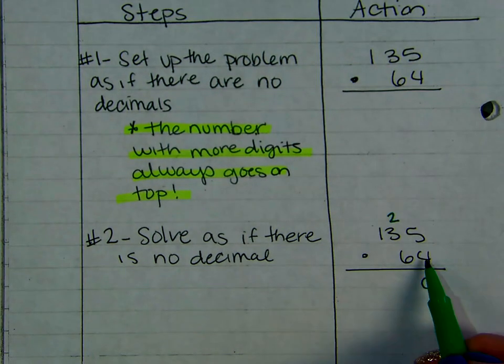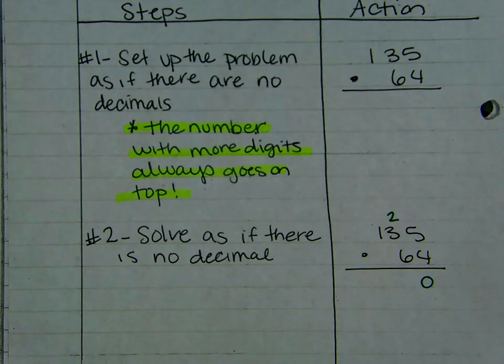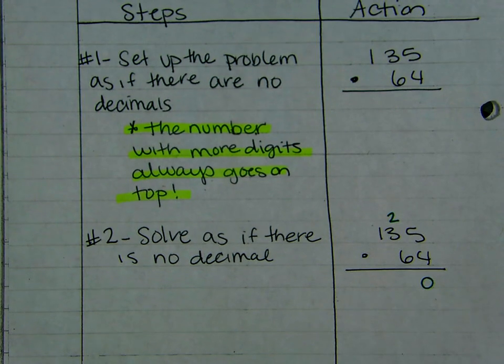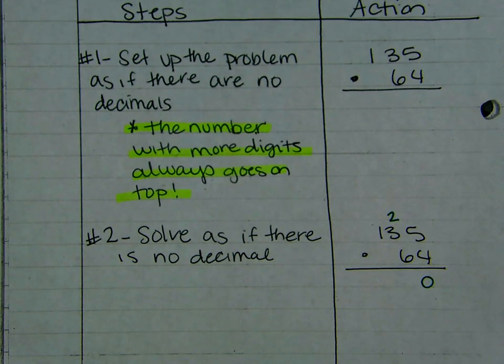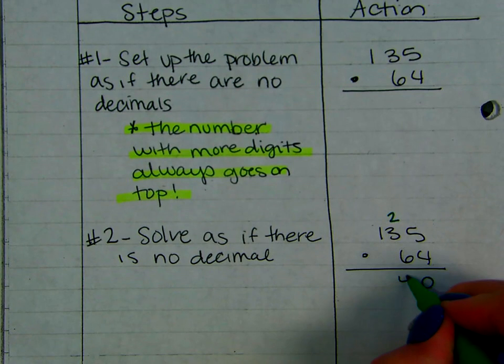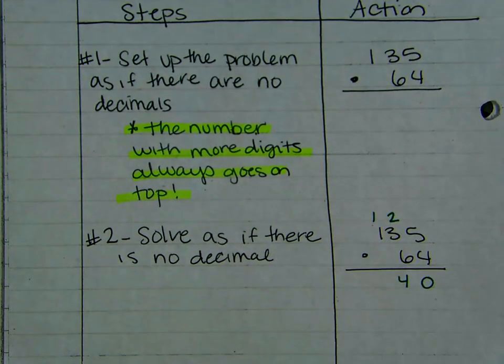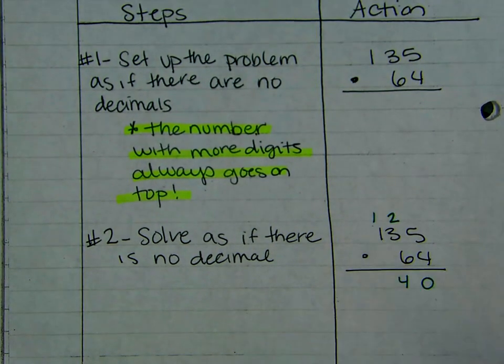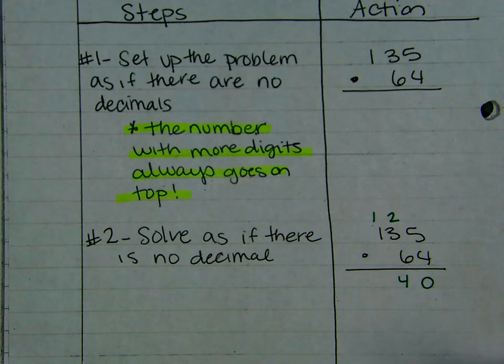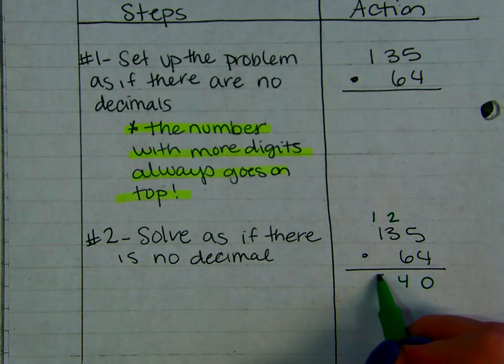Now I'm going to go 4 times 3, and I'm going to add the 2, which will make it 14. So I'm going to bring down the 4 and I'm going to carry the 1. Now I'm going to go 1 times 4, plus 1, which will make it, good, 5.